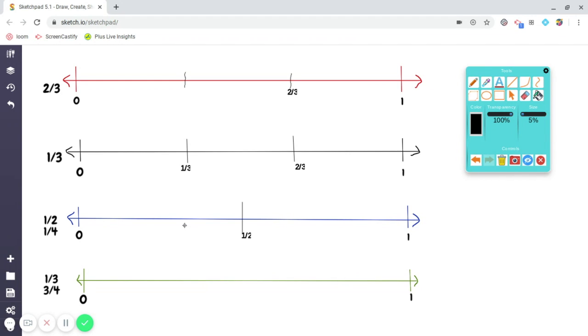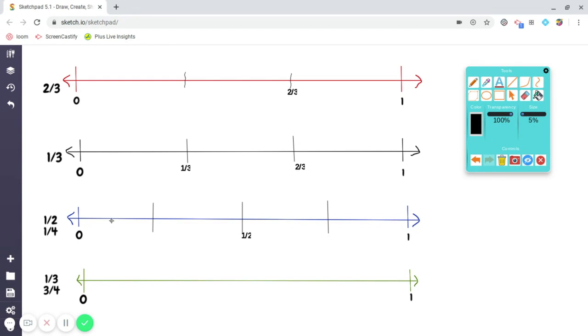Because we already have it split into 2 equal parts, I would need to make 2 more lines, one here, to split between 0 and 1/2 into 2 equal parts, and then another line between 1/2 and 1 to make 2 more equal parts.